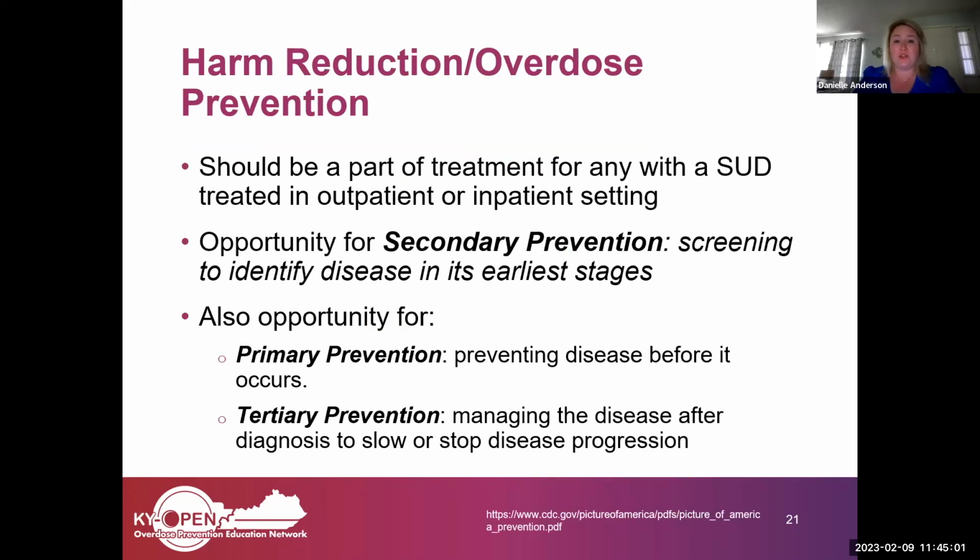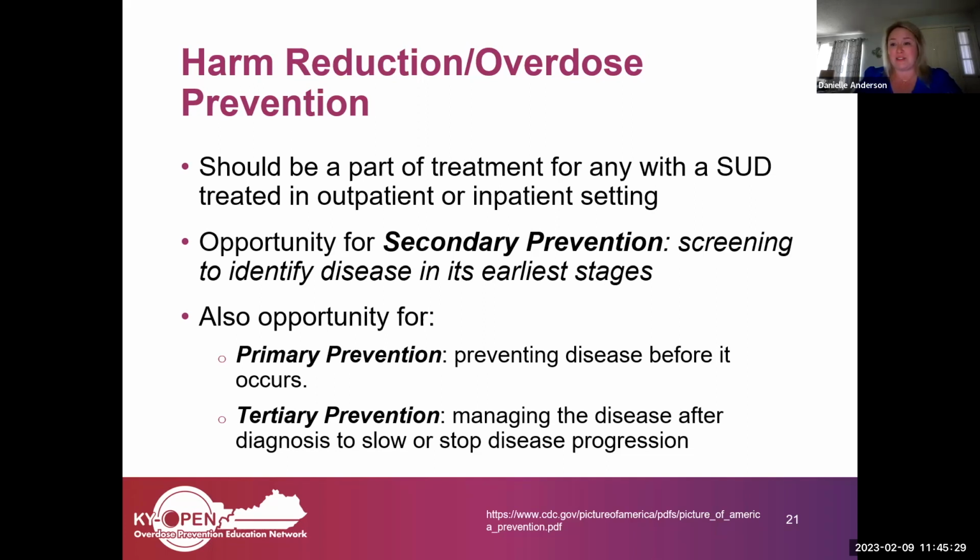We always want to include harm reduction and overdose prevention in any plan to treat a substance use disorder. And so we have this opportunity when somebody seeks treatment for a stimulant use disorder, screening to identify the disease in its earliest stages. So we want to screen all of our patients that are coming in, even for opioid use disorder or other substance use disorders, for a stimulant use disorder.